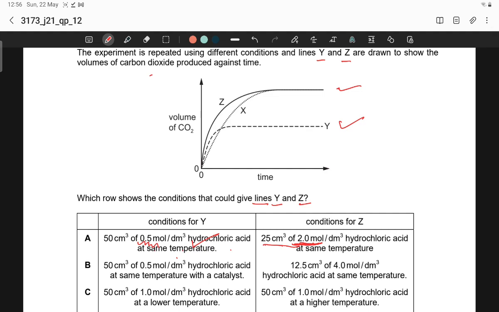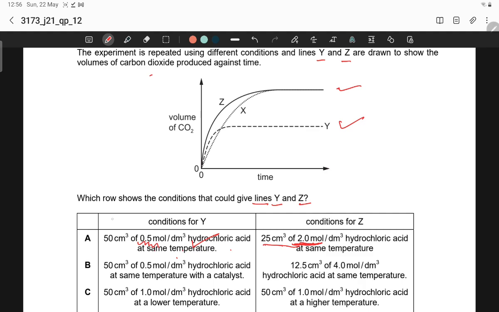Let's calculate moles. 0.5 into 50 divided by 1000.